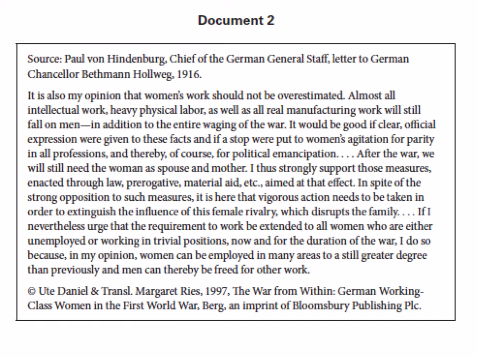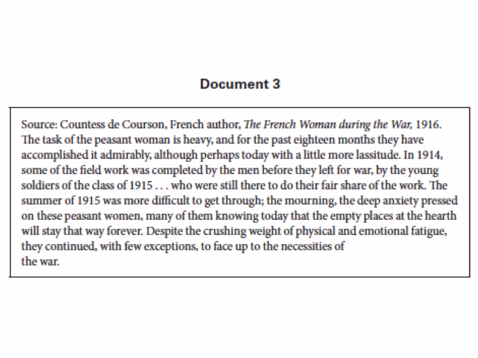Now, that doesn't mean it isn't biased. It can be biased, but it is coming straight from Paul von Hindenburg, who perhaps you know is one of the great German generals of the Great War. And then later, take your time to read down through here. Document 3. Now, you don't know who Countess de Corzin is, but they tell you a French author, and that's the book that she wrote.